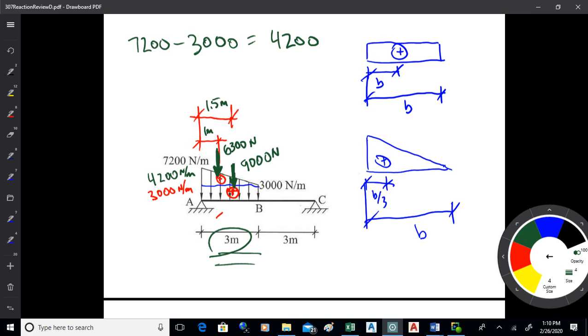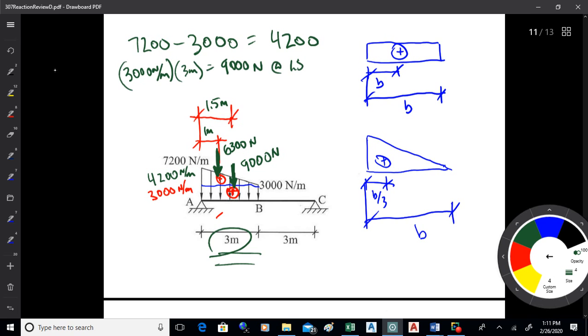So what we're doing for the rectangle, we got a height of 3,000 newtons per meter. We've got a 3 meter distance. So that gets us the 9,000 newtons. And then we're going 1.5 meters from A. Okay, and the 1.5 comes from taking the total of 3 and dividing it by 2, because you're going 1/2 of 3.